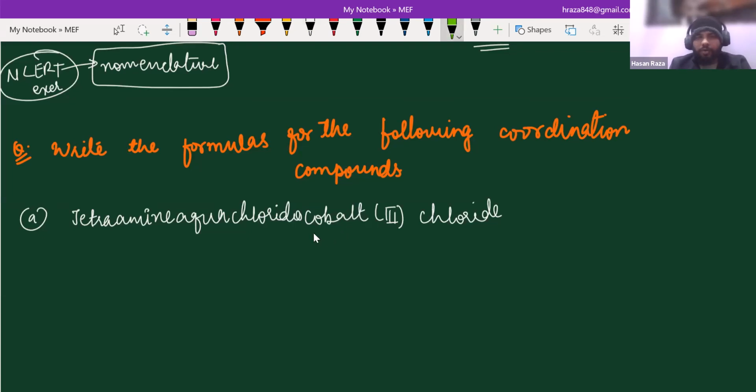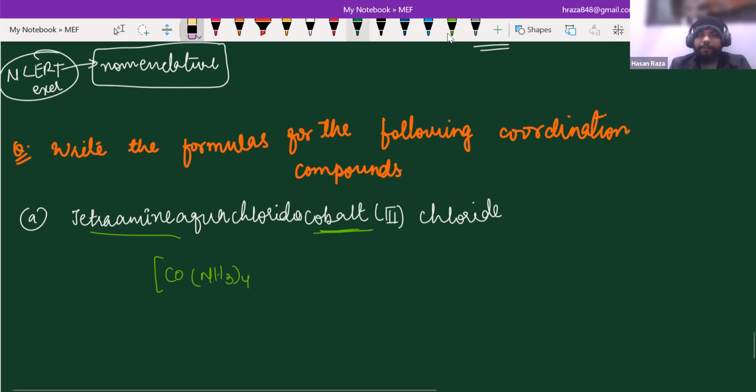First, you are going to list the central metal atom, it is cobalt. After this, you are going to write tetraammine in alphabetical order. Tetra, ammine, that means NH3, and it is 4 times. After this, chlorido, that means Cl, and then aqua is also there.